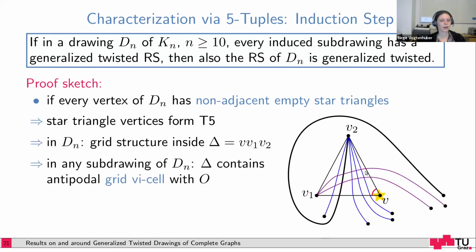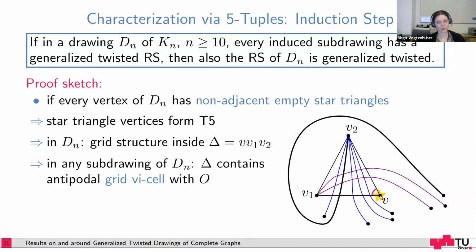If we look at the whole drawing Dn, then it turns out, by the fact that we have a generalized twisted drawing for every subdrawing of Dn inside this triangle, we must get some kind of grid structure of edges that come from V2 and from V1.